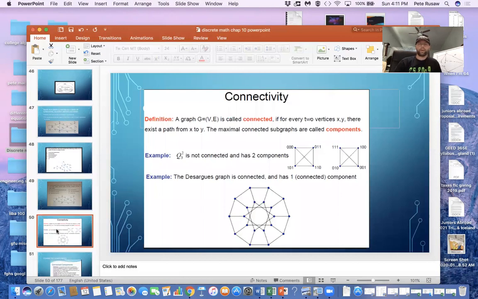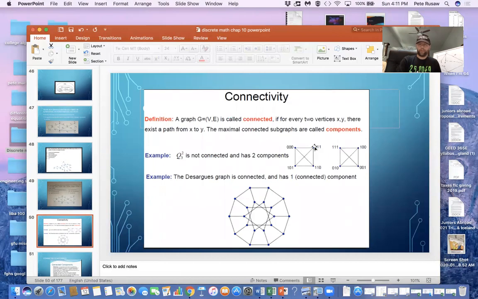We also like to talk about connectivity in a graph. A graph is connected if basically you can get anywhere from anywhere else. If there is an isolated vertex or some vertices that are kind of outside of the axis because there are no edges that get to them, then we have a disconnected graph.